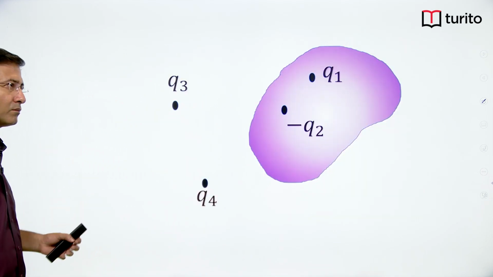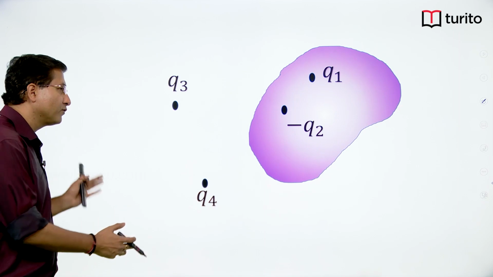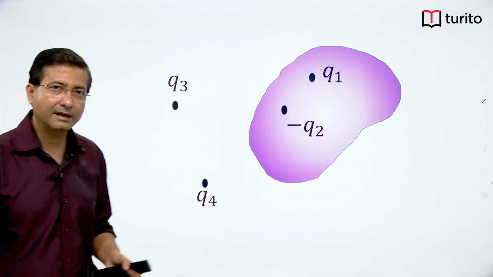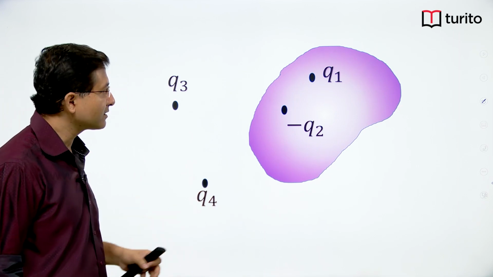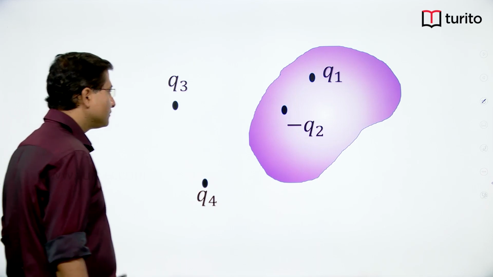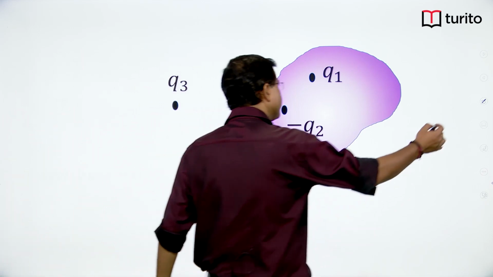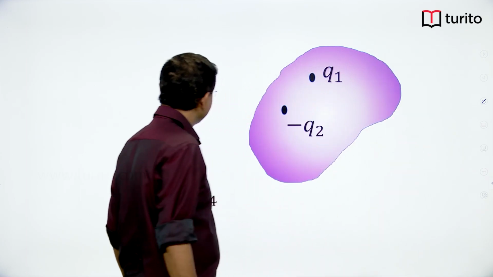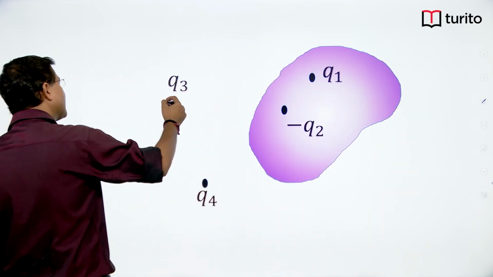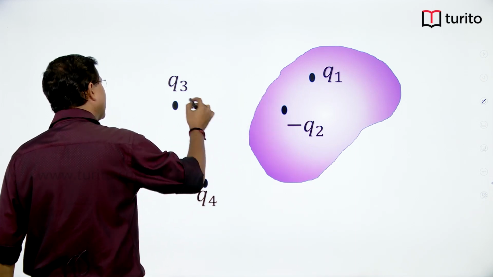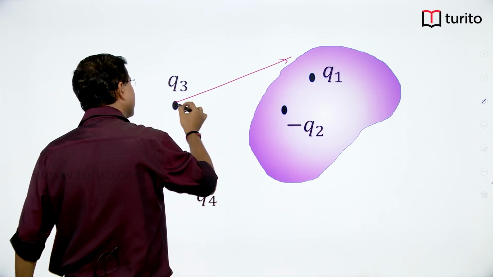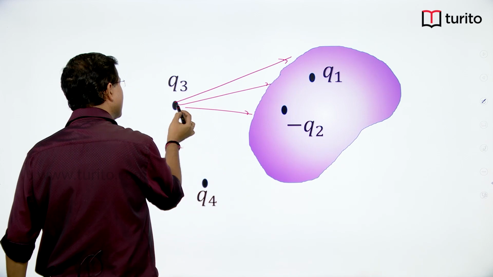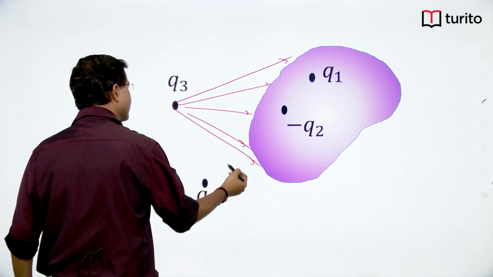Now, I have kept a few charges outside and a few charges inside, and I ask how much is the flux associated. As you can see, from this charge lines will be originating, and whatever is getting in will be coming out.